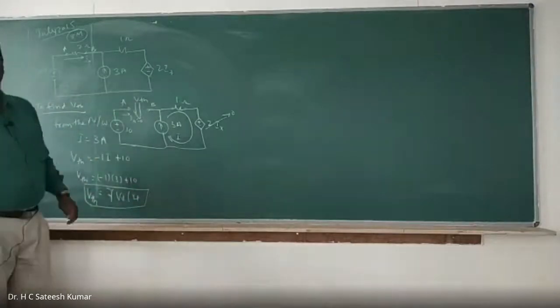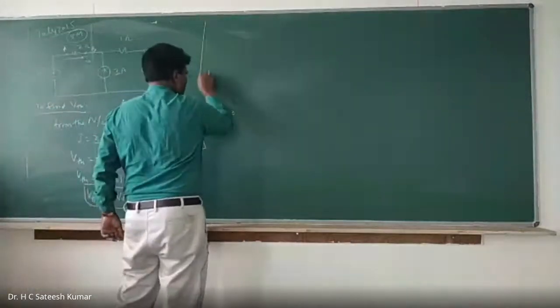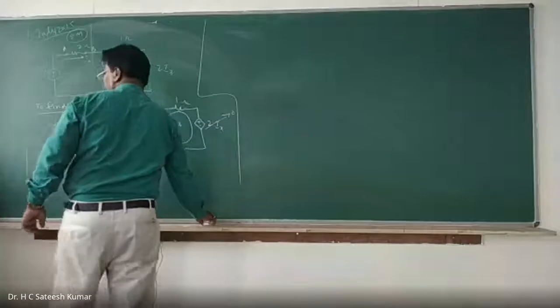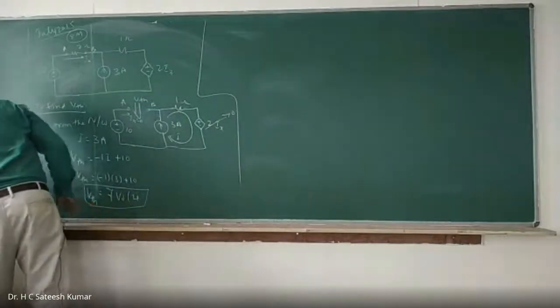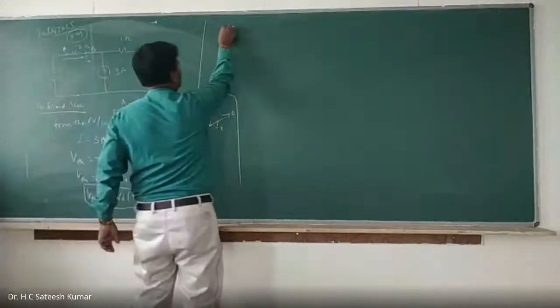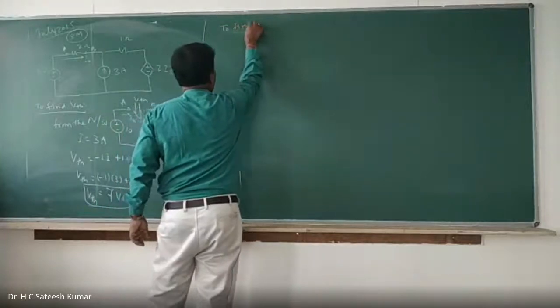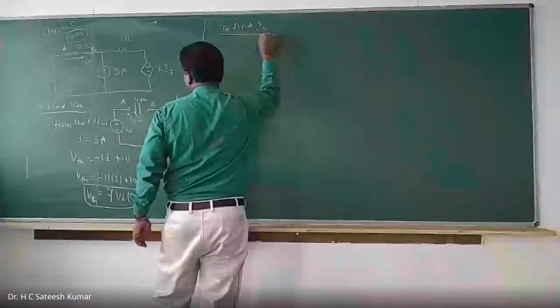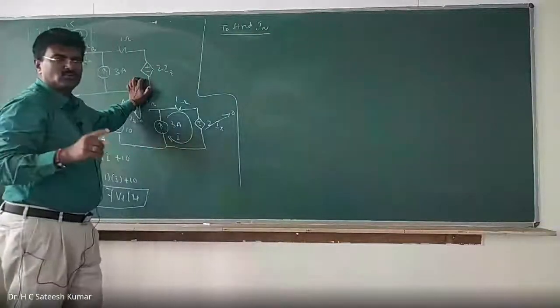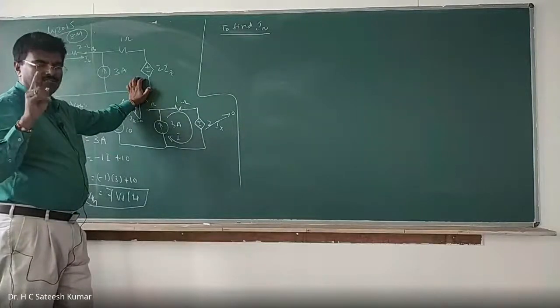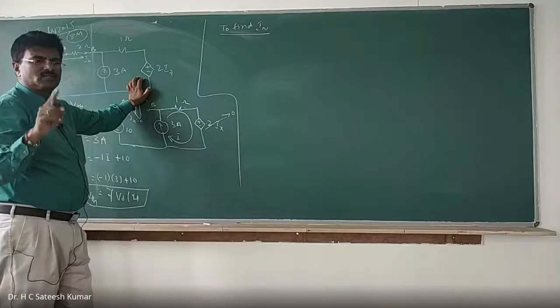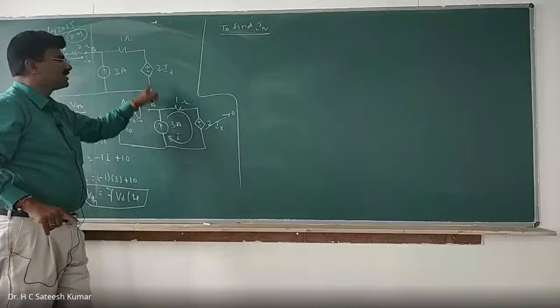VTH is 7 volts. Next, to find I Norton, because a dependent source is there. To find out ZTH, ZTH is equal to VTH divided by I Norton whenever there is a dependent source.